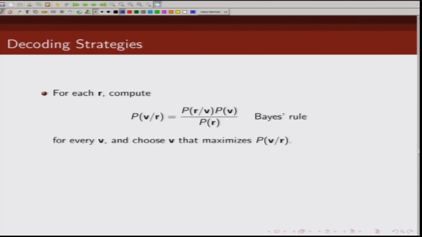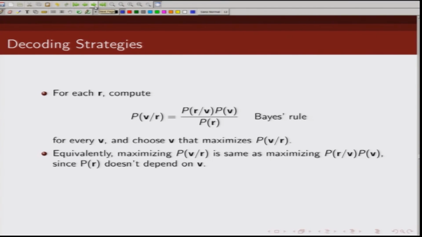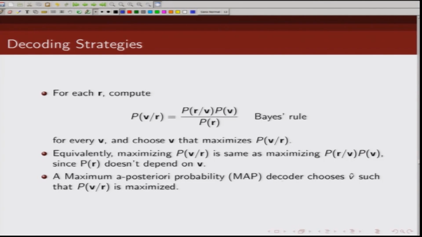Again, the choice of V does not change the probability of R. So, maximizing this is nothing but maximizing this quantity, because the probability of R does not depend on the choice of V. So, if we want to minimize the probability of error, we want to maximize this quantity, and a MAP decoder, a maximum a posteriori probability decoder, is the one which will do exactly that.